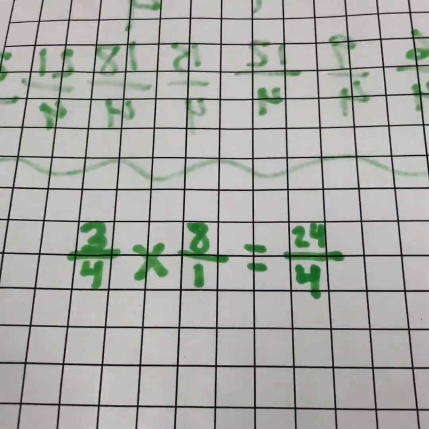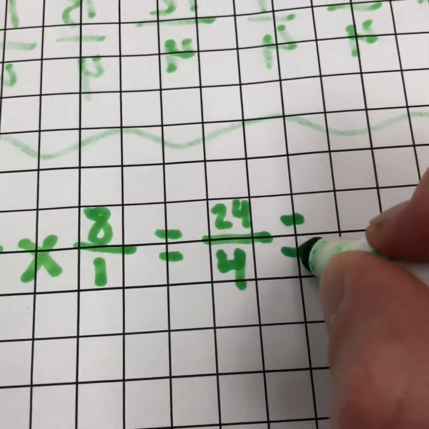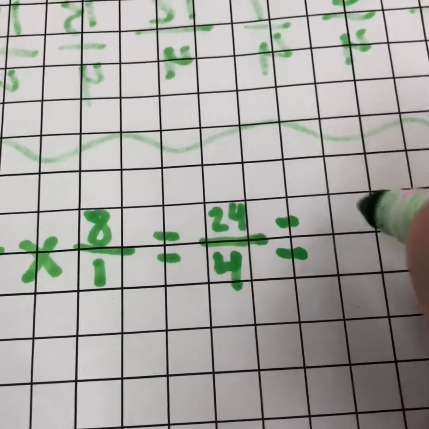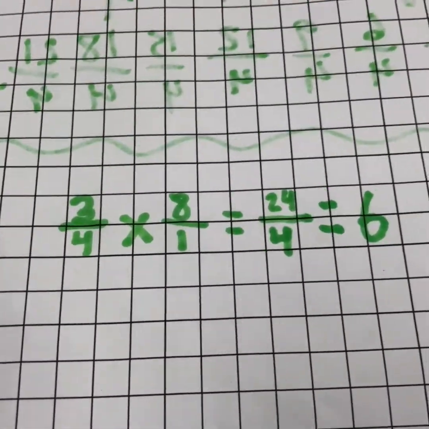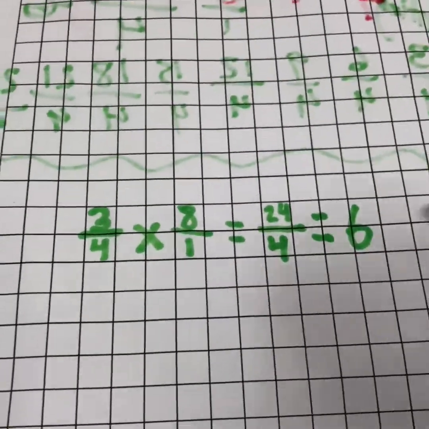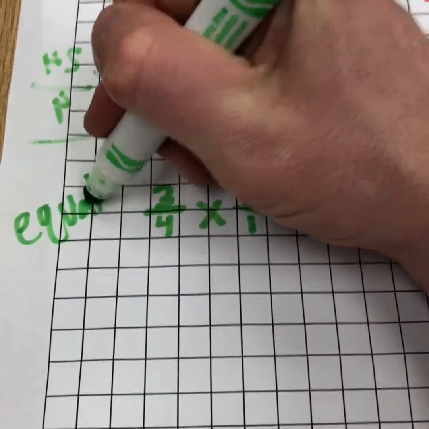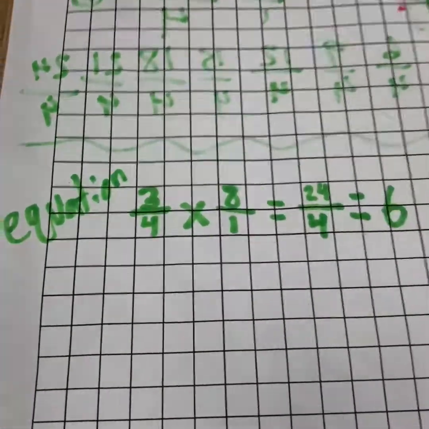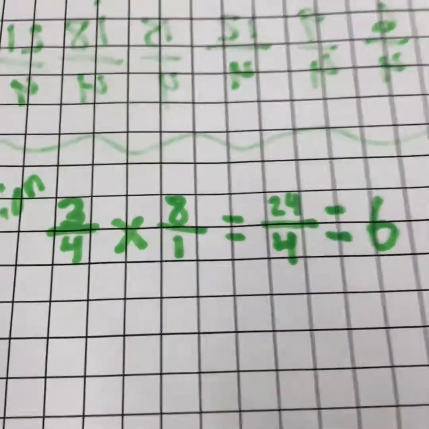So 3/4 times 8 over 1 is 24/4. And if you convert that into a whole number, again, 4 goes into 24, you get 6. So the second way is to just do the multiplication equation. And the key for all of this is to know that a whole number goes over 1.